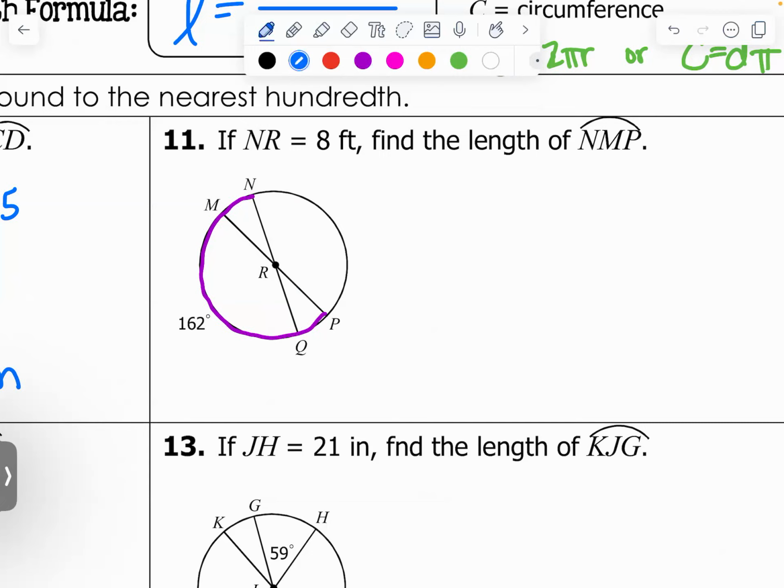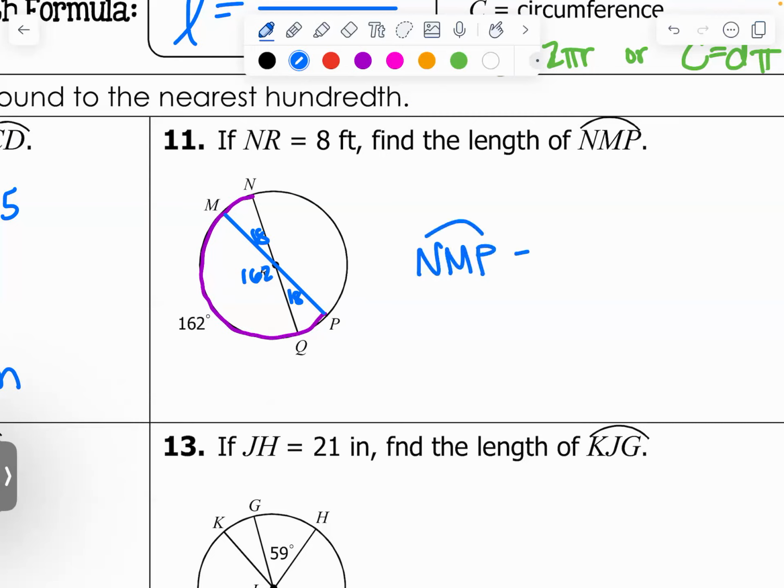So like, this is a diameter, right? This is 162. So this is 18, which means this is 18. So what is this entire arc's degree measure? 198.